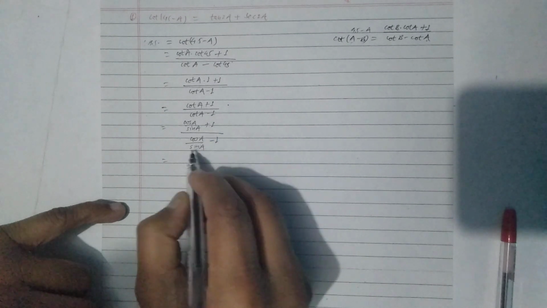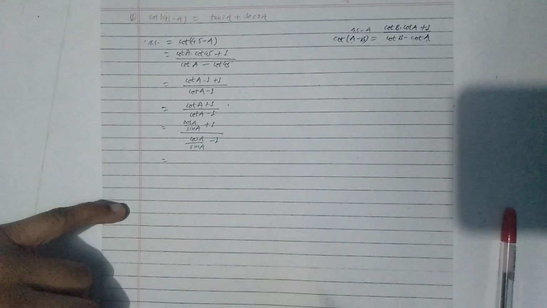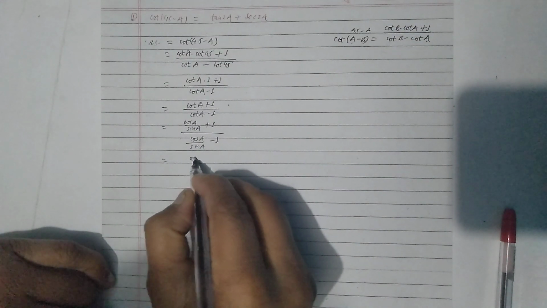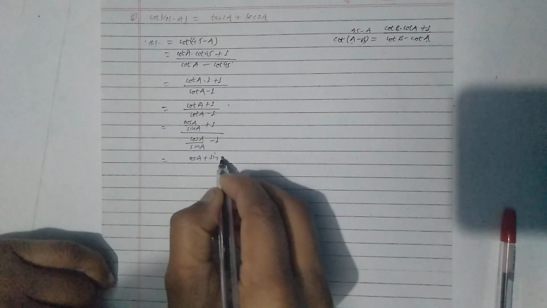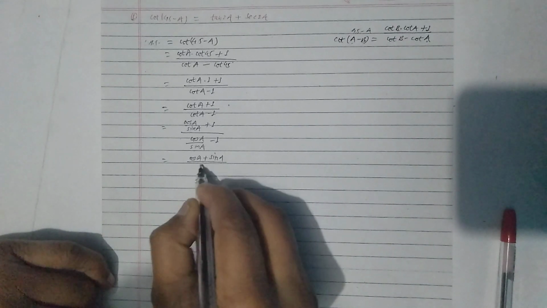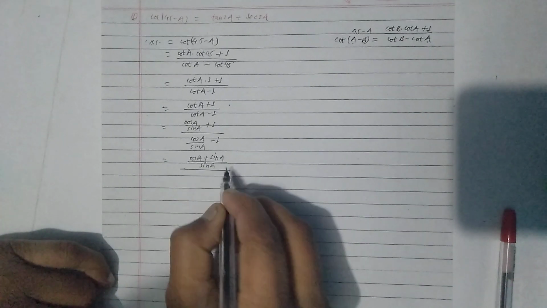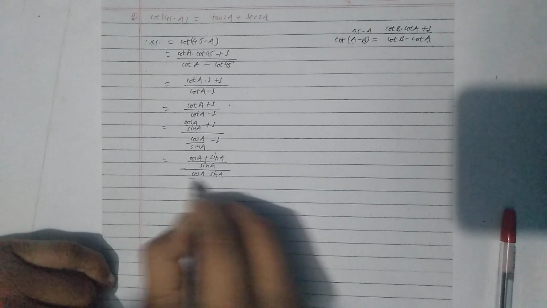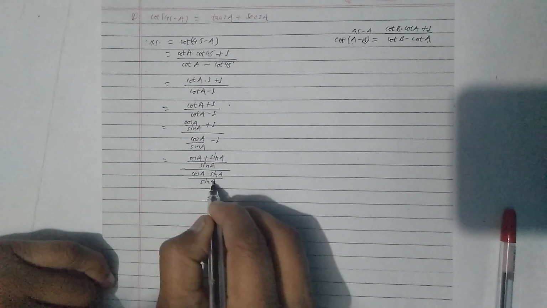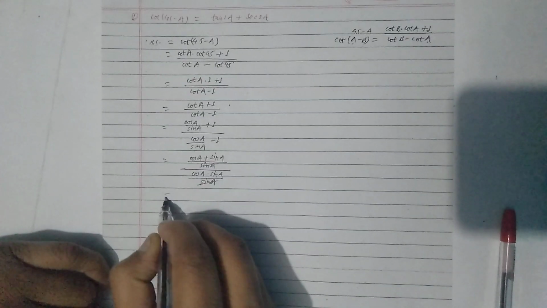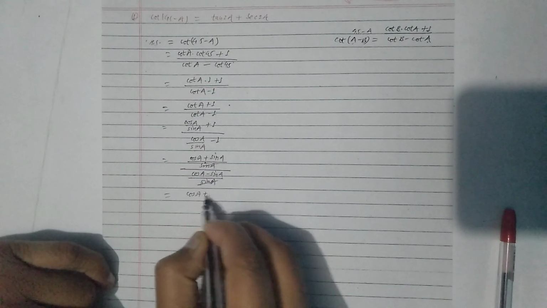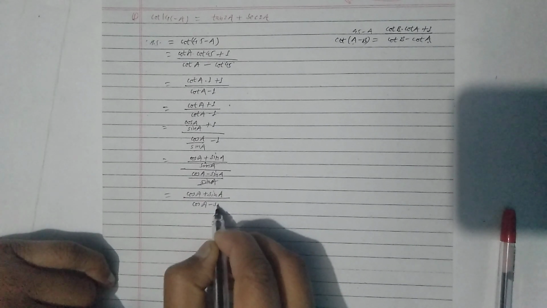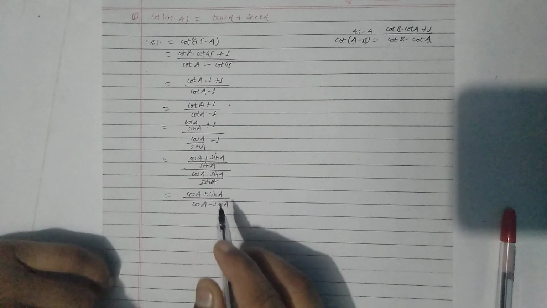Then if we take LCM, this will be (cos a plus sin a) upon sin a, divided by (cos a minus sin a) upon sin a. The sin cancels out. The remaining is (cos a plus sin a) upon (cos a minus sin a). So we have this LHS.